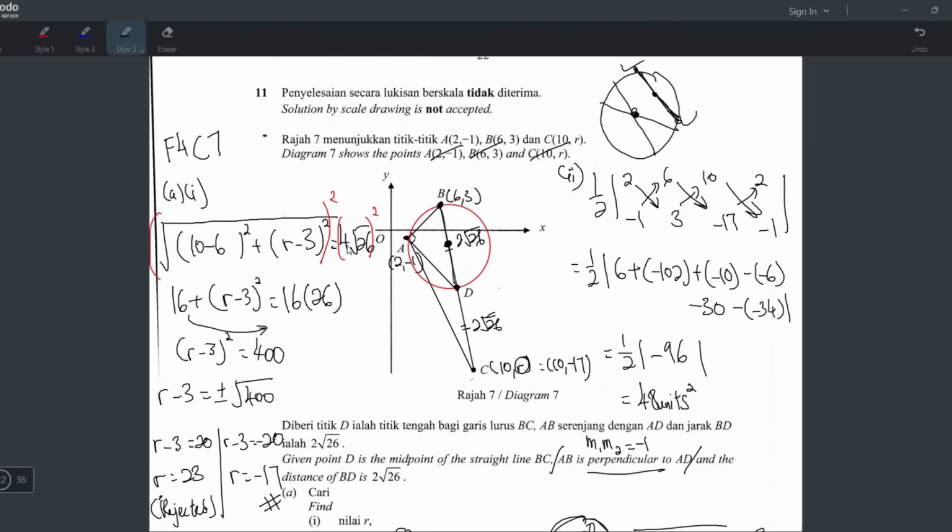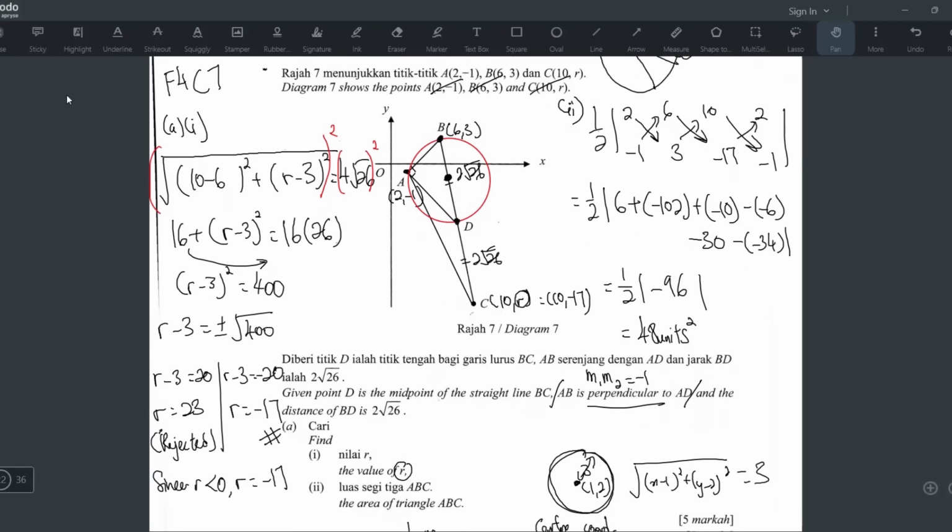So tell me, is this the diameter? It looks like the diameter, but is it? I'll tell you now: this is the diameter. The reason is not because it's drawn from the side of the circle, because I told you that doesn't mean it's a diameter. The reason is this 90 degree angle.